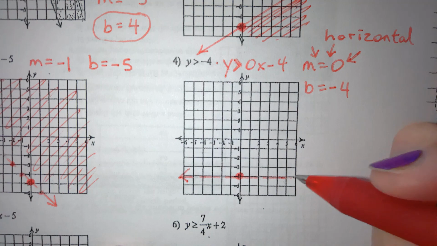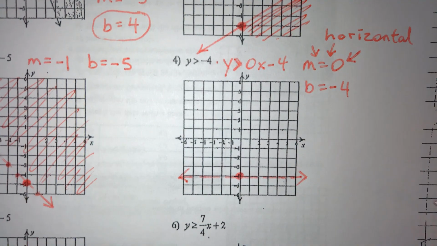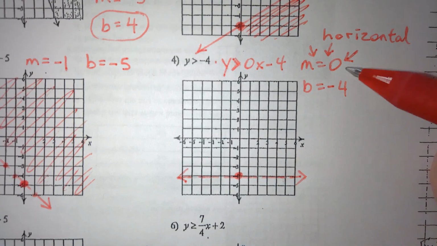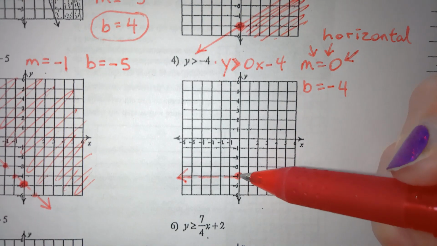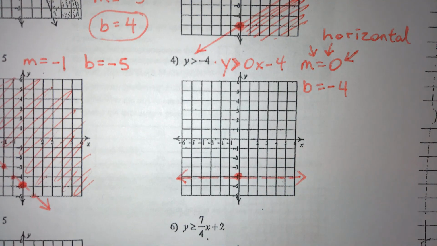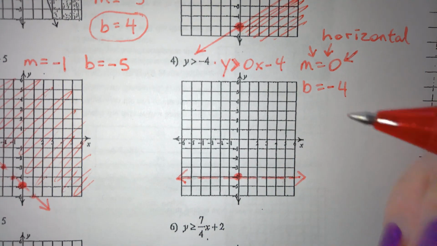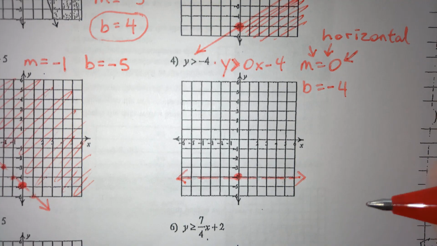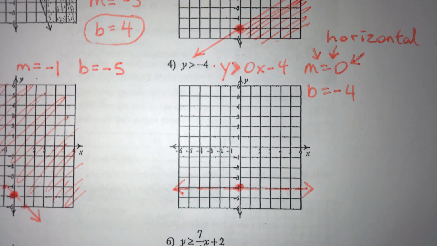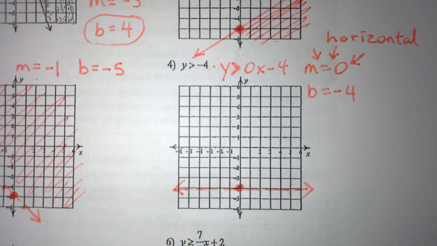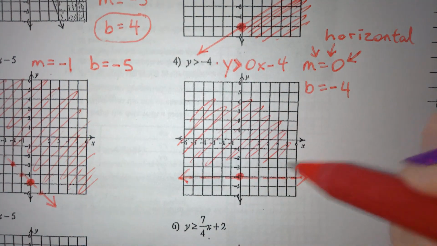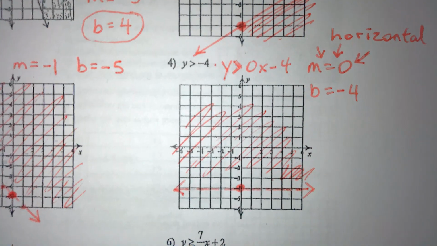If you think about the elevator method as well, it still works. Remember 0 over 1? You don't go up, you don't go down, you just keep going over 1, over 1, over 1. And so you get the horizontal line. I still have to shade in though. How many of you say shade above? Good, okay. At first I only saw like 2 hands. So yes, you shade above because it's greater.